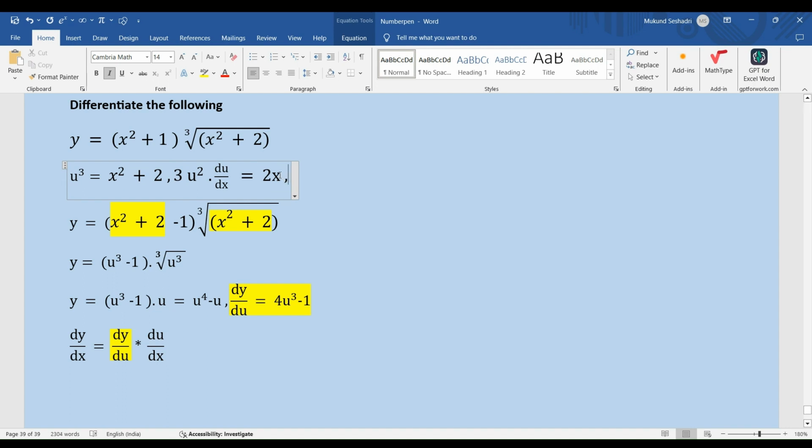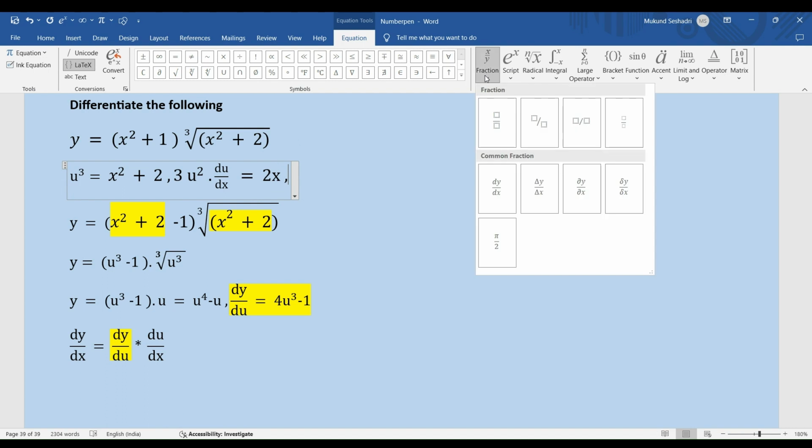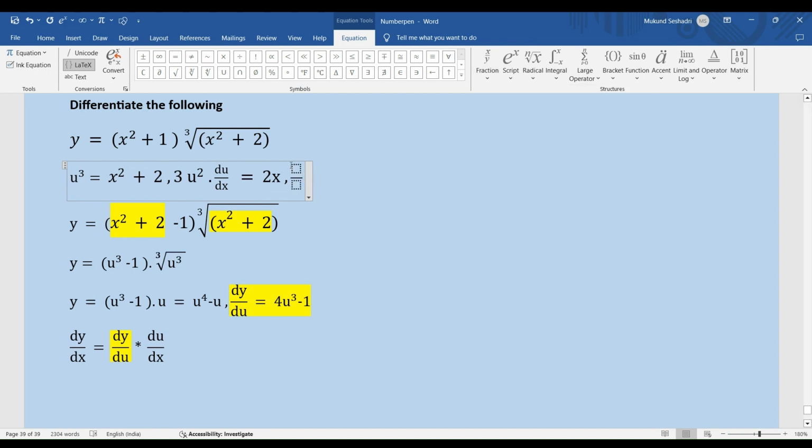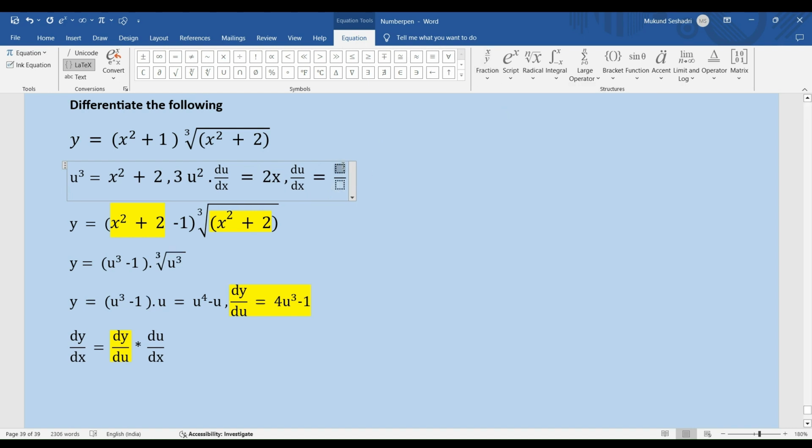Now, how do I get my du by dx from this particular expression? All that I will have to do is move my u square to the denominator. du by dx equals 2x divided by 3u square, right? 2x divided by 3u square.